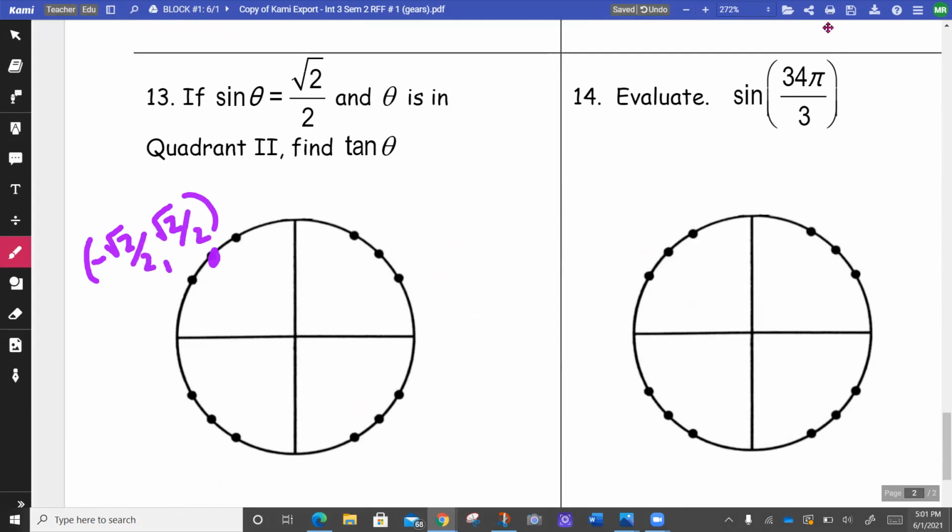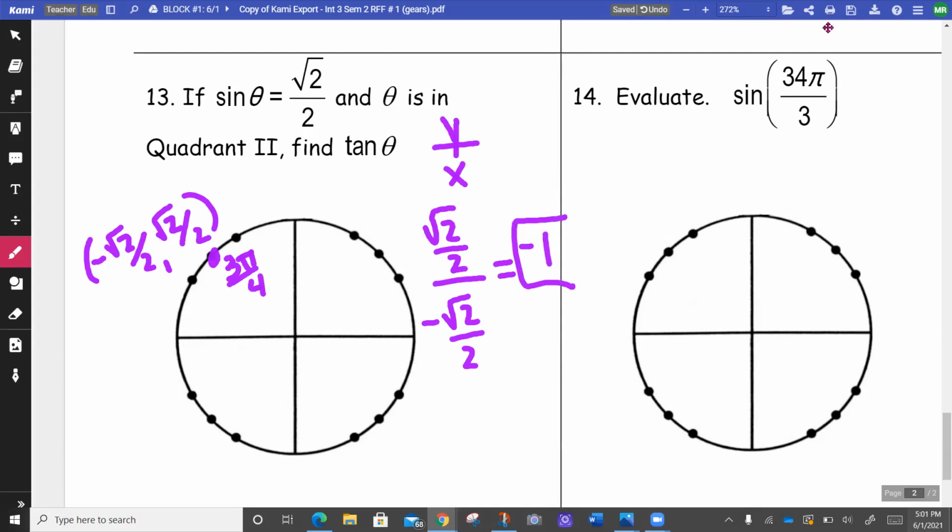Just in terms of where I'm at on the unit circle, the angle is 3 pi over 4. They didn't ask us for the angle, but that's the angle. They want the tan here, and tangent is y over x. So I'm going to have root 2 halves, which is my y, over negative root 2 halves, which is my x. And as complicated as it looks, it's the same over the same. It's a negative 1. That's your tangent.